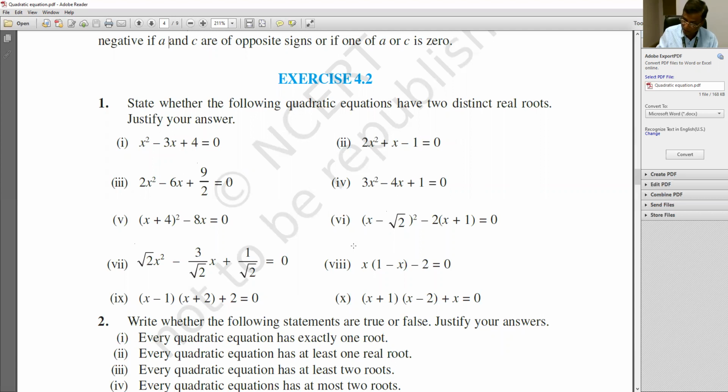Here a is equal to 1, b is equal to minus 3, and c is equal to 4, by comparing with ax square plus bx plus c. So find D, which is b square minus 4ac. So D means minus 3 whole square, 4 into a means 1, c means 4.